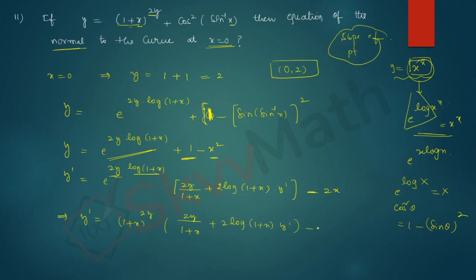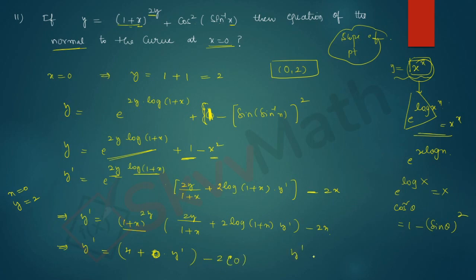Actually we want the derivative value at x equals to 0, but whenever x is equals to 0 you can keep y equals to 2. So substitute all these values in this. So y dash is equal to, x is equal to 0, it will become 1, leave it, and y is equals to 2, so 2 into 2 is 4, 4 by 1, so that is 4, plus 2, x equals to 0, so it will become 1 plus 0, log 1, log 1 is 0, so it will become 0 into y dash, minus 2x, 2x means 2 into 0.